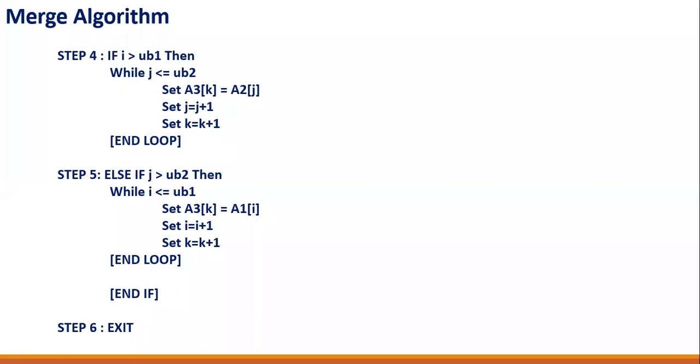We completed traversal, insertion, and deletion. In searching, there are two types possible, linear and binary. Then we saw sorting, and today we saw the merging operation.